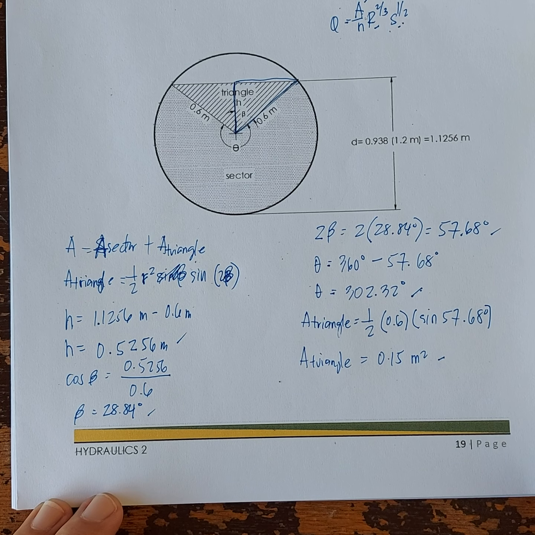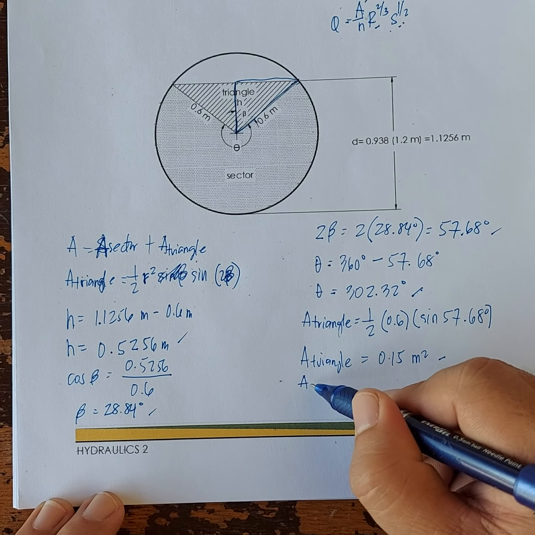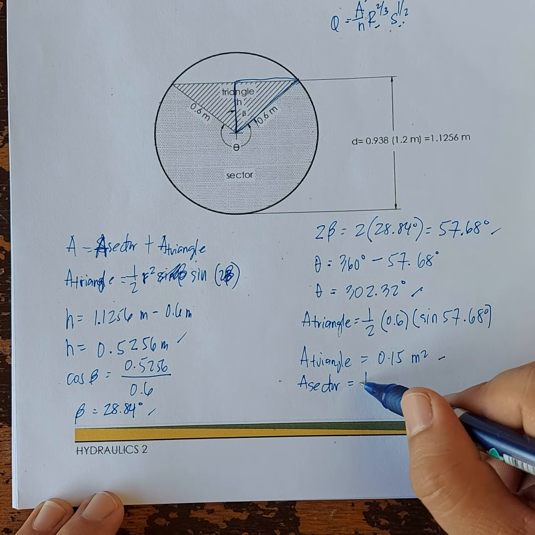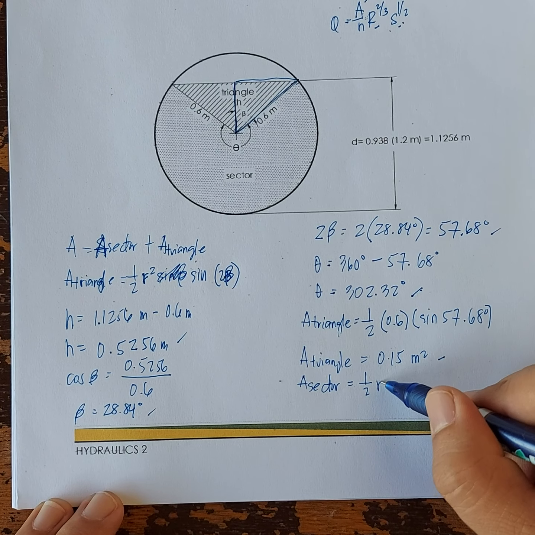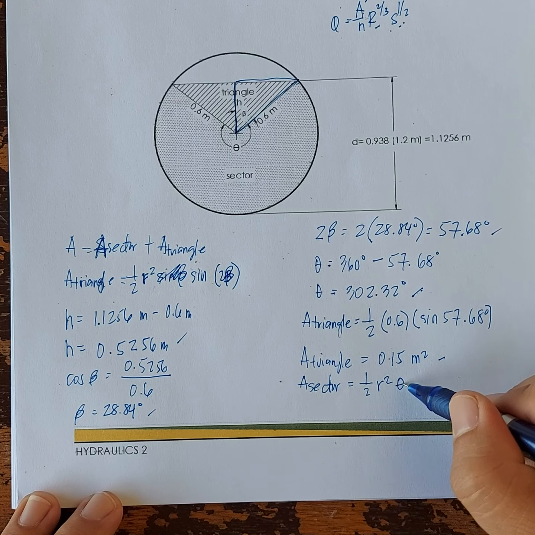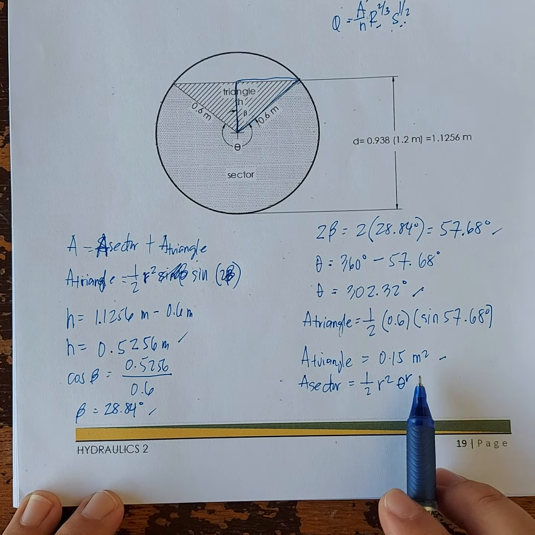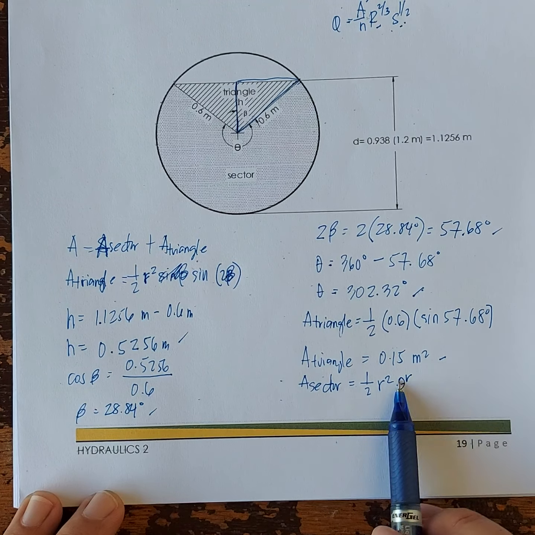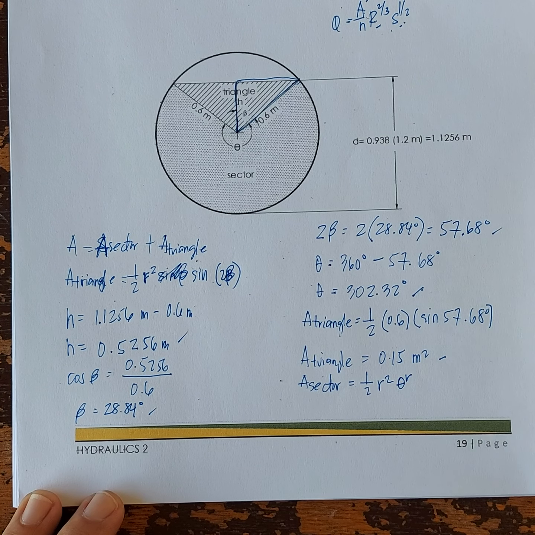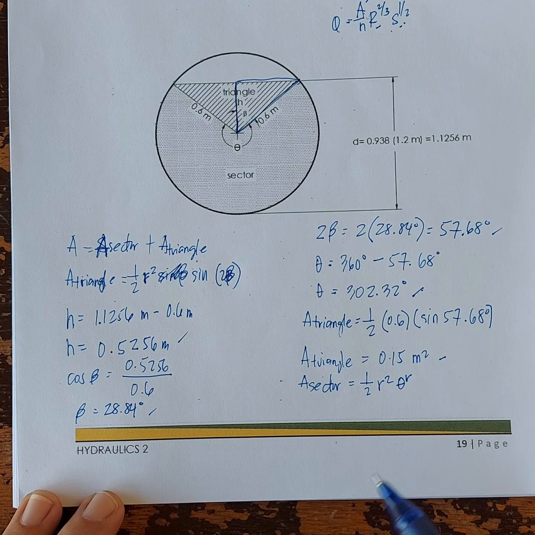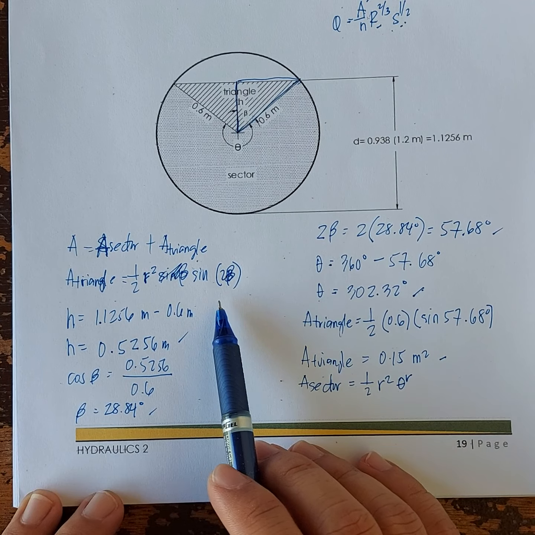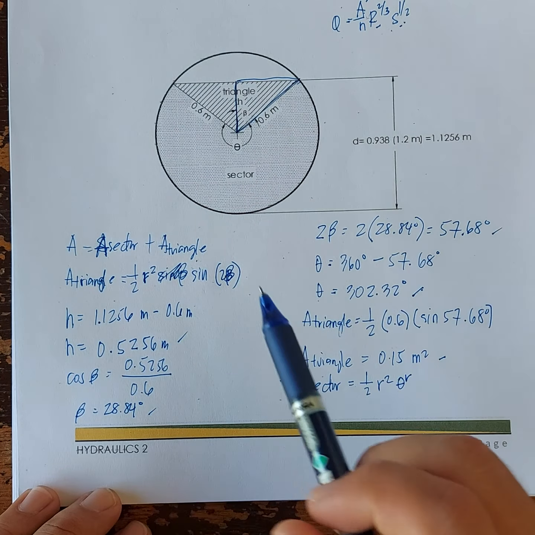Okay. And then we solve for the area of the sector. So how do you solve for the area of the sector? Area ng sector is equal to 1/2 r squared theta, and theta here should be in radians. Oh, by the way, baka nagtatanong kayo, saan ba nanggaling yung formula kanina na area ng triangle, that's 1/2 r squared sine of the included angle.